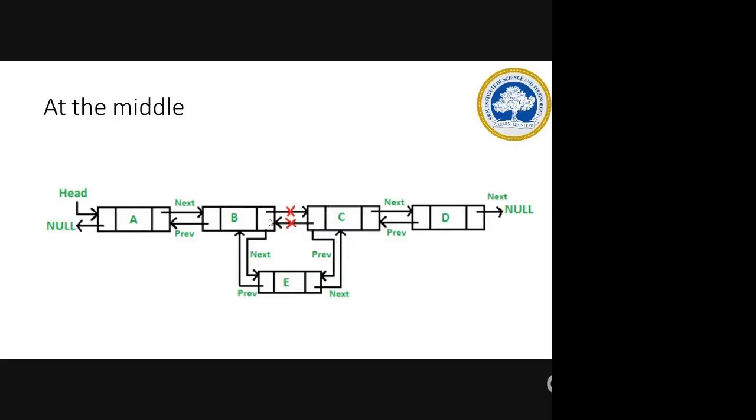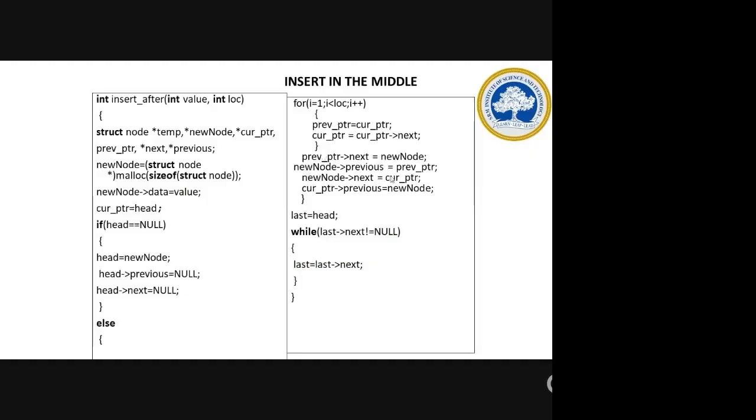So previous pointer's next is my new node. Similarly, new node's previous is my previous pointer. And again, for this line: new node's next will be my current pointer and current pointer's previous will be my new node. Clear? So that is what is given over here.